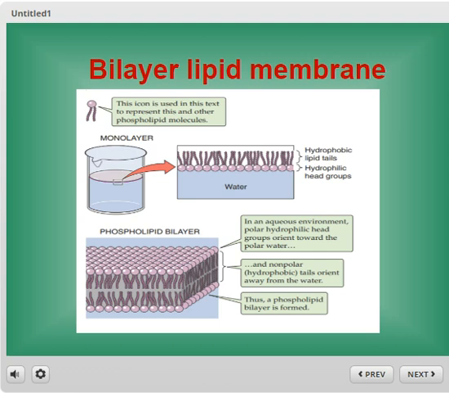As a result, the lipid bilayer in the middle of the membrane is impermeable to water-soluble substances such as ions, glucose, and urea. Conversely, fat-soluble substances such as oxygen, carbon dioxide, and alcohol can pass through this portion.